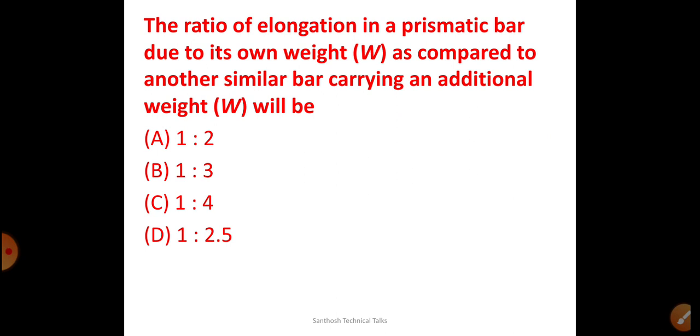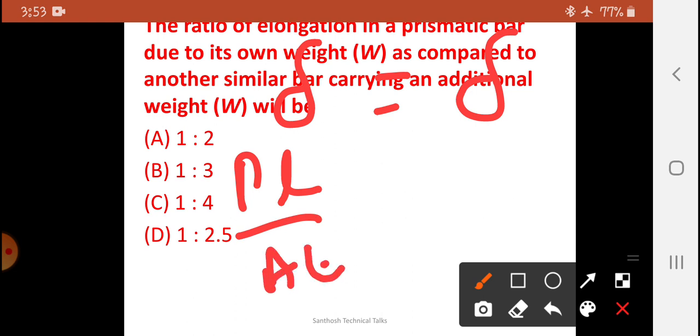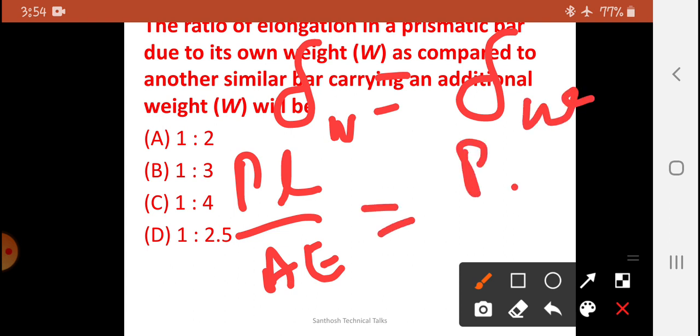Okay, very superb question. The ratio of elongation in a prismatic bar due to its own weight as compared to a similar bar carrying an additional weight of W is 1 by 2, the correct answer. So how does it come? Let me consider the deflection: PL by AE is for the external load, and for self weight it is PL by 2AE.